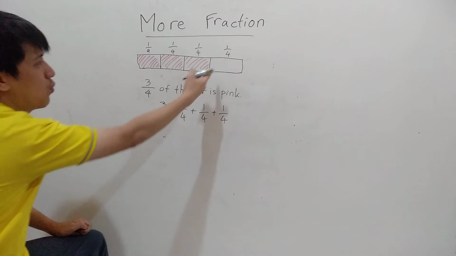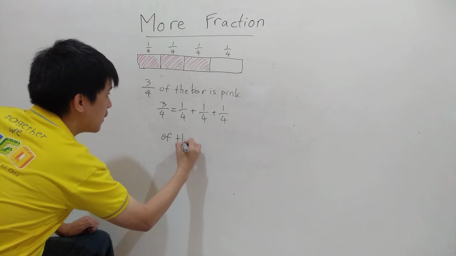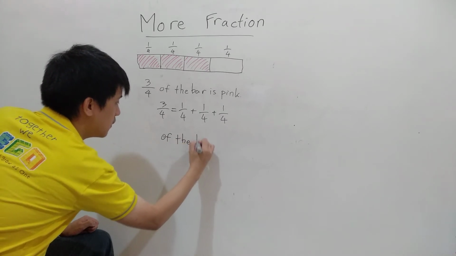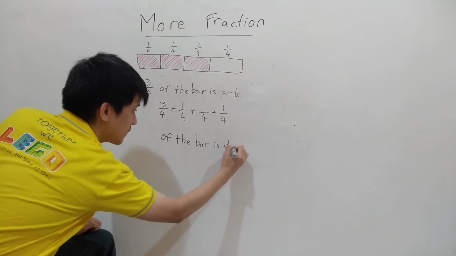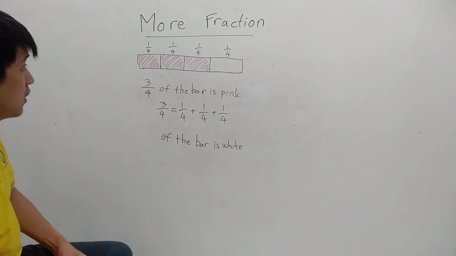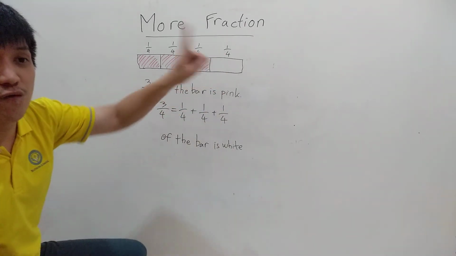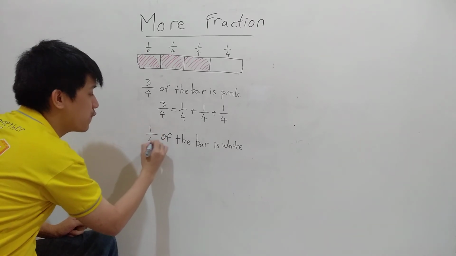How about white? How many of the bar is white? How many of the bar is white? Here, we only have 1 that is white. So 1 out of 4 equal parts.